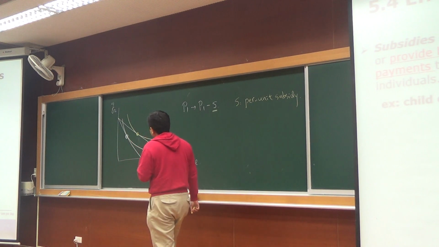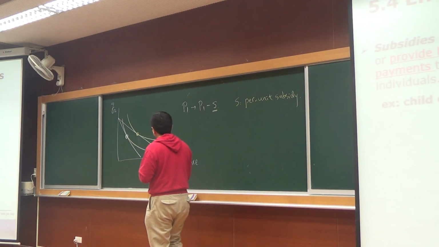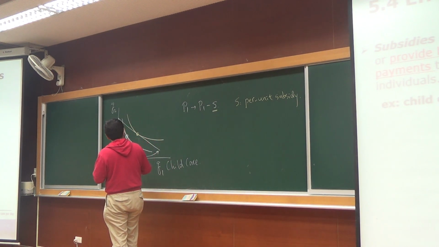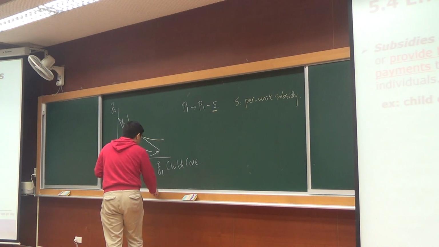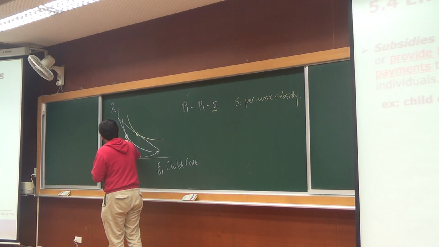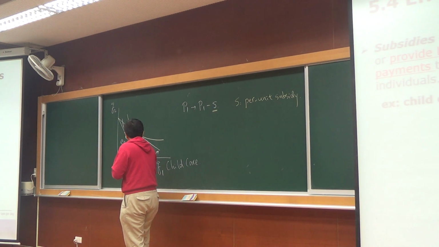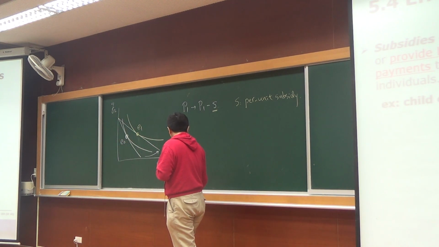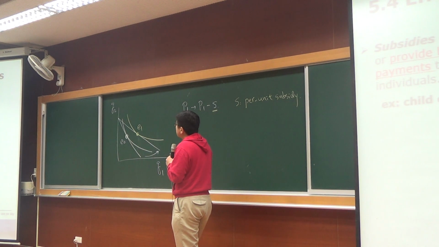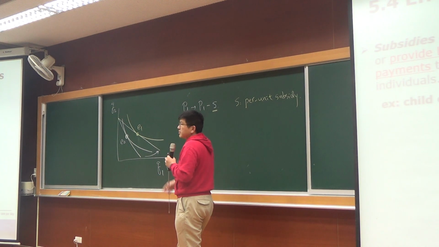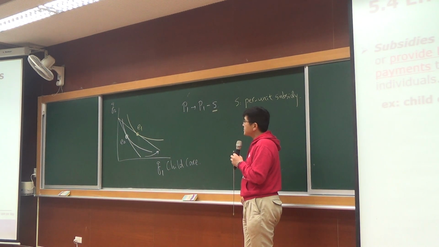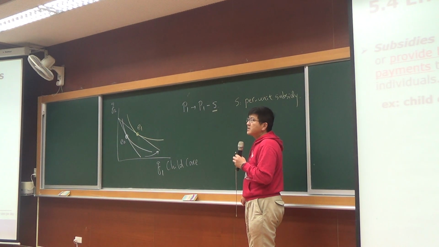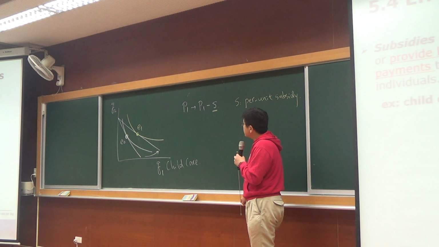And then the new choice would be here, right? So let's make it E0 and E1. So the very first question is how much on earth the government subsidizes the consumer.